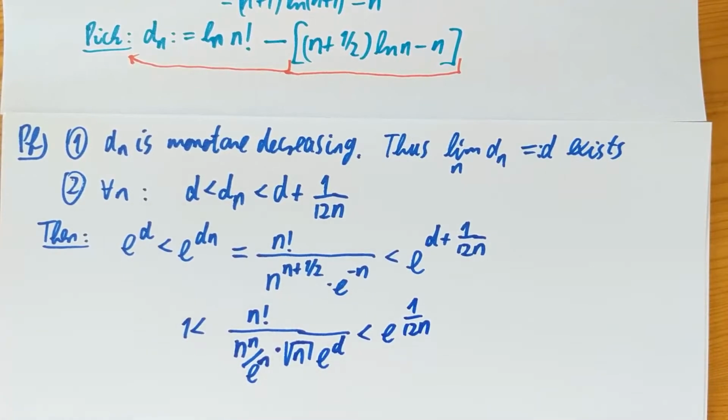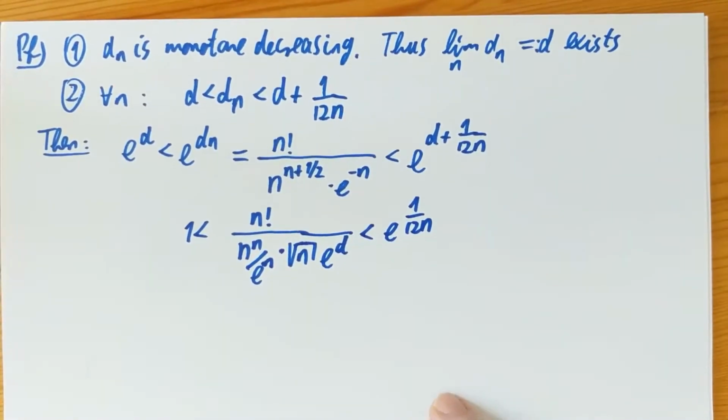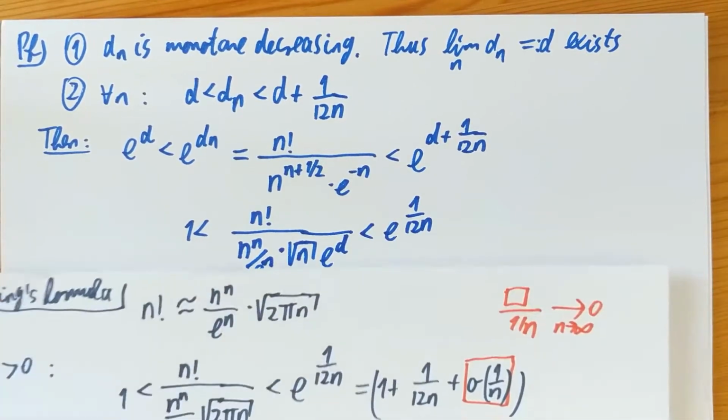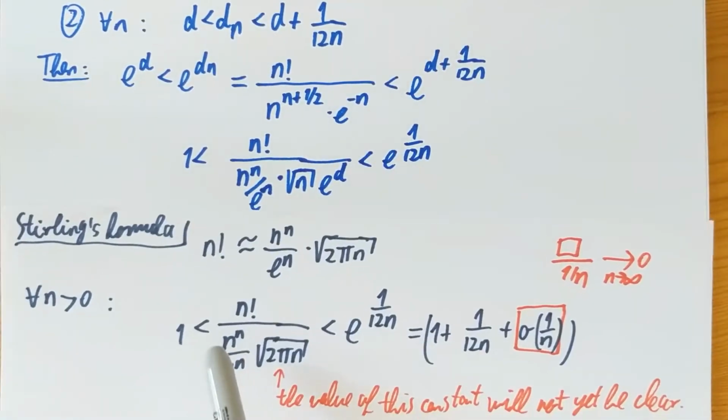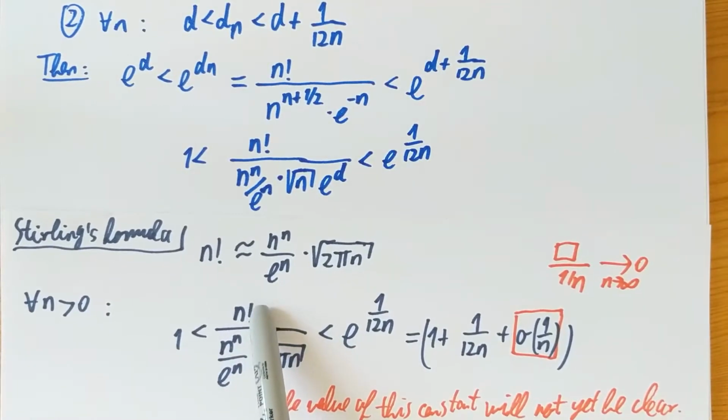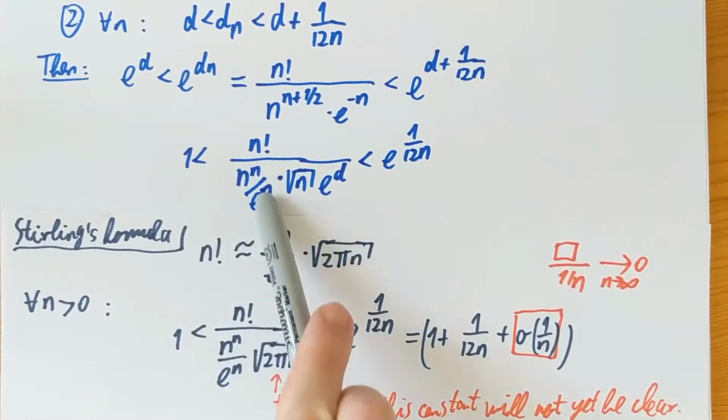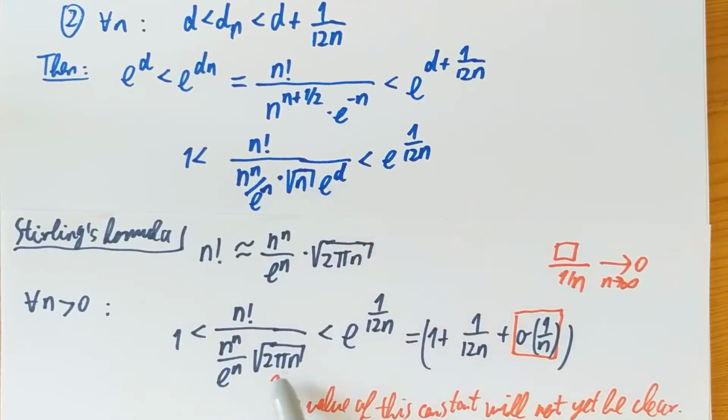And the last thing I need to do now is to compare this with the statement. The statement, the Stirling's formula, is that n factorial over n to the n over exponential of n, square root of n, times a constant is bounded. And that constant e to the d will have to match up with the square root of 2 pi later.